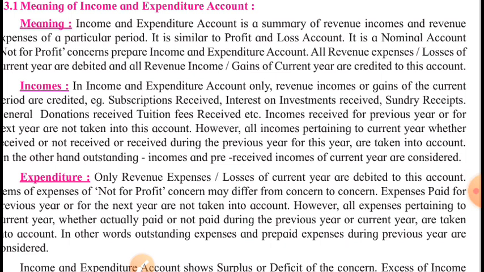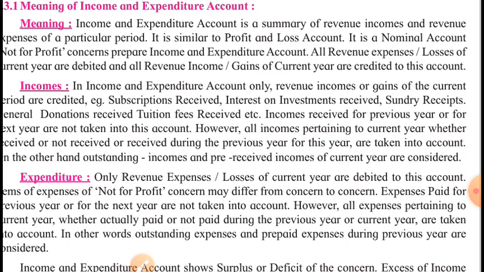Means only those expenses which are for the current year are shown on the debit side of the income and expenditure account, and only the incomes of the current year are shown on the credit side of income and expenditure account.